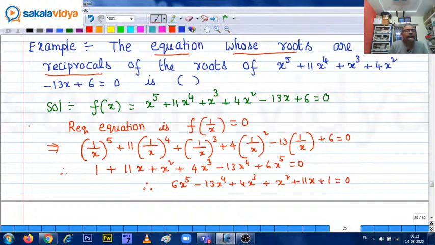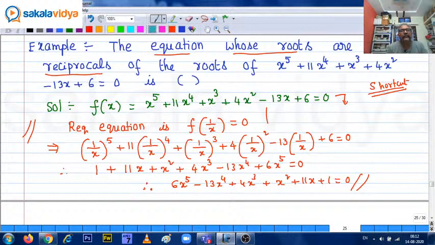Or instead of this lengthy method, you can write the reverse order directly. So how to write the direct answer? Shortcut. What does the shortcut mean?